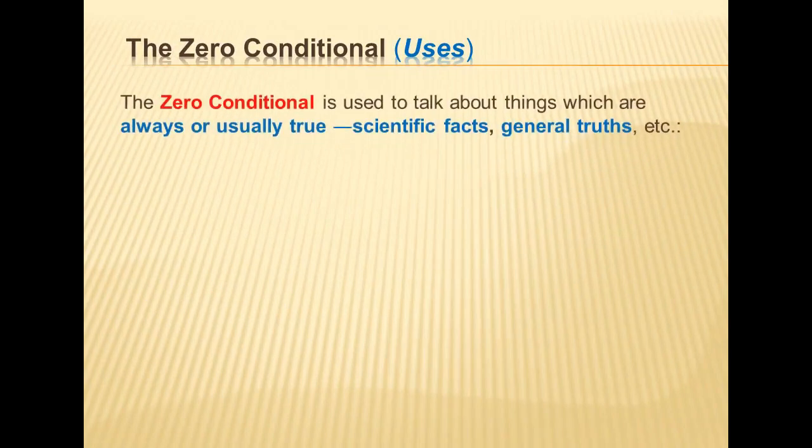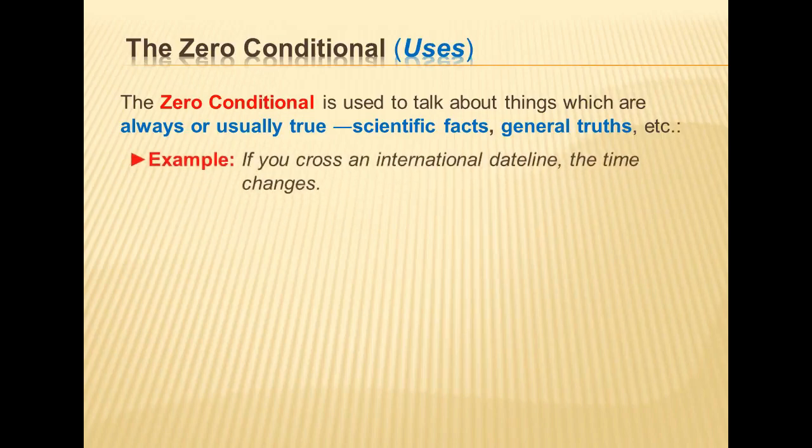Okay, so when do we use the zero conditional? The zero conditional is used to talk about things which are always or usually true: scientific facts, general truths, etc. For example, number one: if you cross an international date line, the time changes.